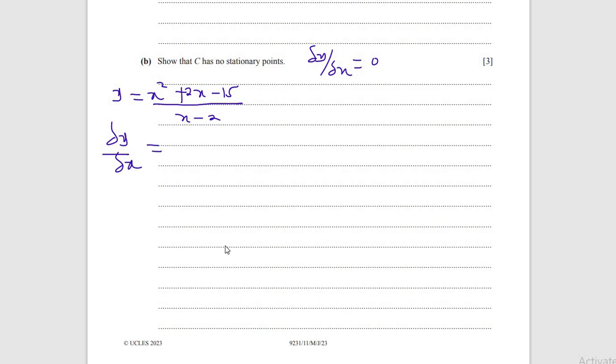Put down the denominator. So, like I said, put down the bottom, differentiate the top. The top is 2x plus 2, minus. Now put down the top. Differentiate the bottom.